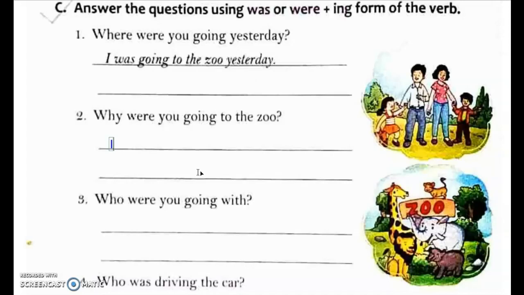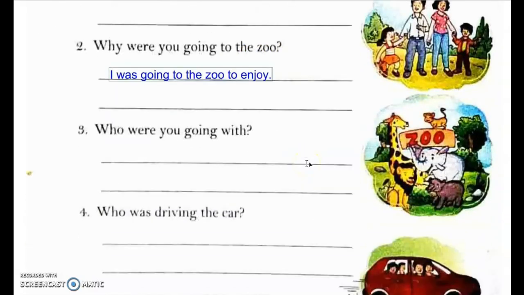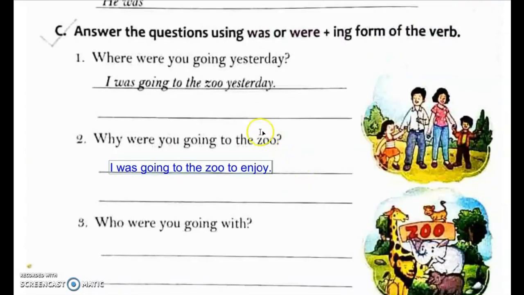You can say, I was going to the zoo to enjoy. Isn't it? So this way you will write the answers. Whatever you feel like, you can write. Okay. But make sure that your sentence should have was or were plus ing form of the verb.